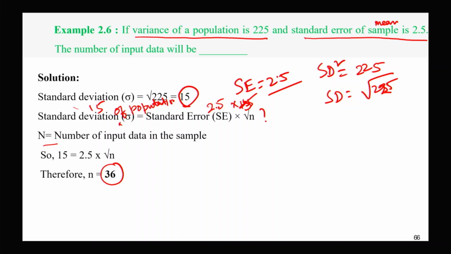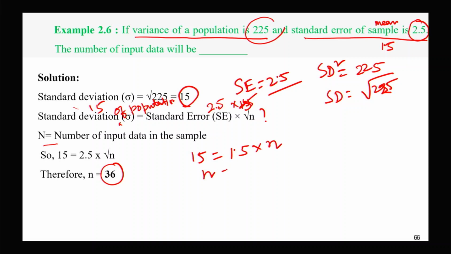Now let us see if we have to reduce the standard error to say 1.5. So what will be the number of sample required? So to reduce the error, the population standard deviation is given. We want to reduce the standard error. So that means 15 was the population standard deviation, 1.5, n.